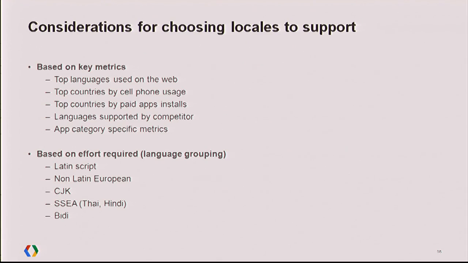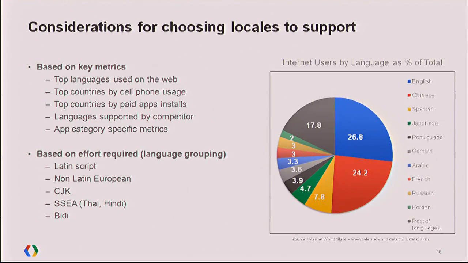Let's see a little bit more detail here. This is the breakdown of the top 10 languages and then the remaining set. Notice English is about 26%, Chinese is pretty close at 24%, and then you can see the remaining ones. After the top 10, which is about 82%, the rest of the languages constitute about 17.8%.